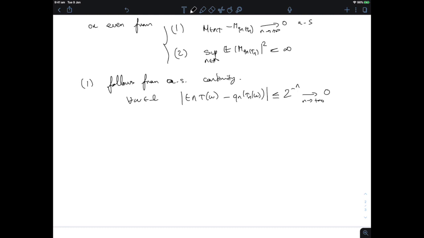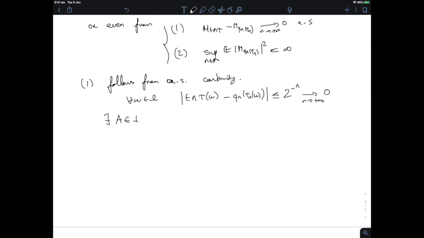So I am indeed approximating my stopping time. Now, up to a set of measure 0, the map t goes to M_{t minimum tau} is continuous. So I should write it like that.